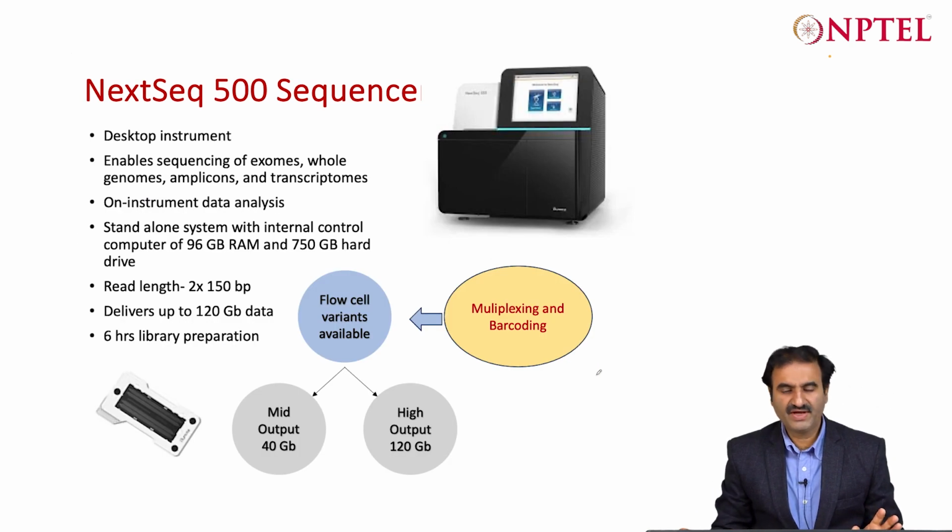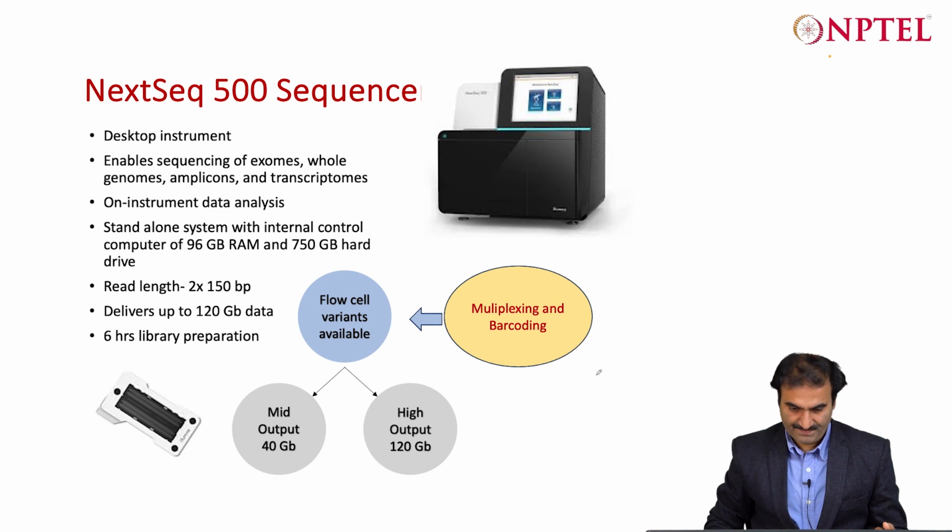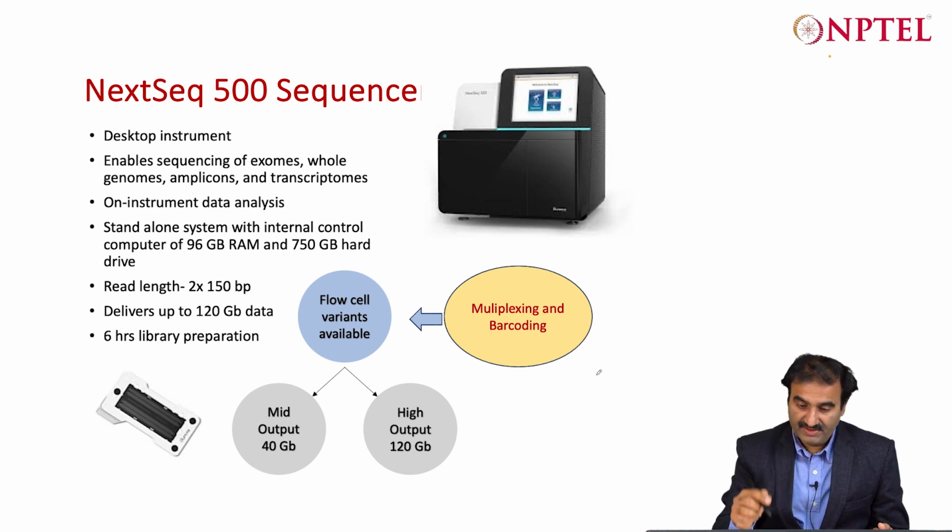NextSeq 500 is one of the sequencers which can be used, or MiSeq or MiniSeq can also be used for this purpose. They are good because they are low budget sequencers which you can afford in your labs, and they can produce the required amount of metagenomic data. Multiplexing and barcoding is one of the features of these.